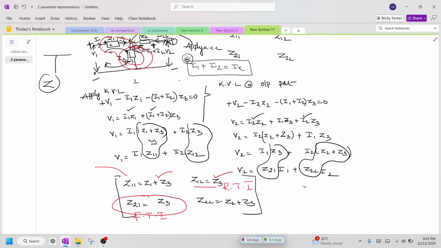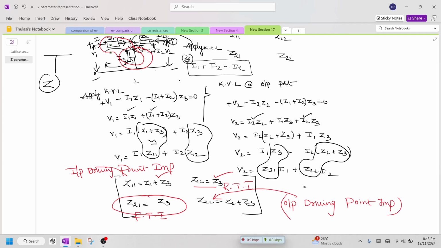This is the input driving point impedance. This is the output driving point impedance.